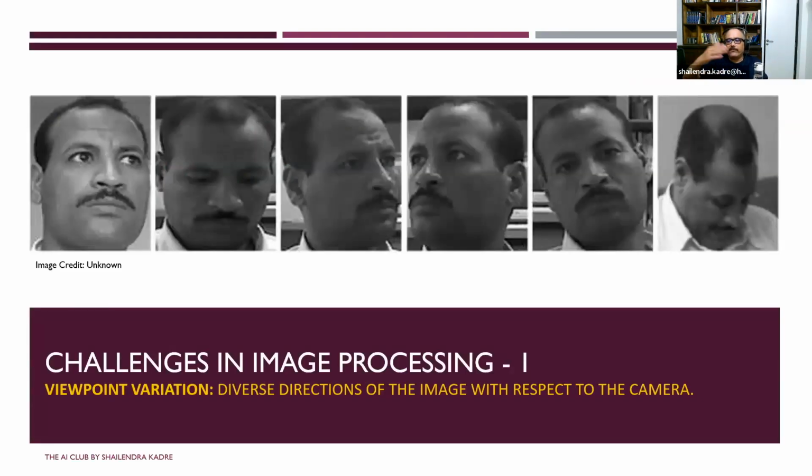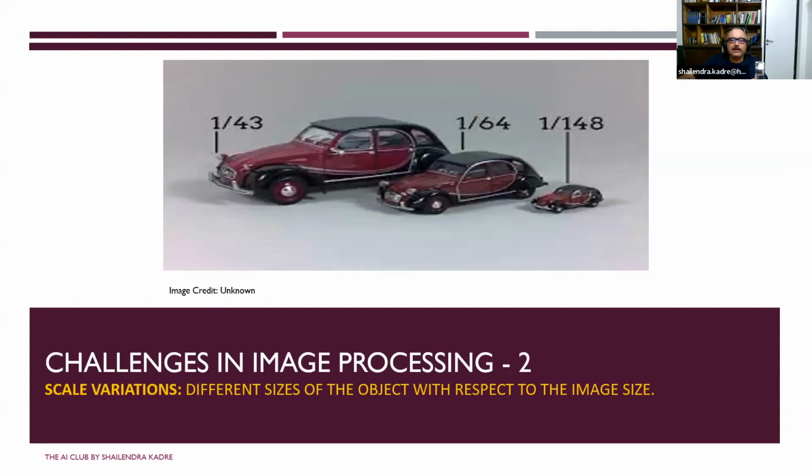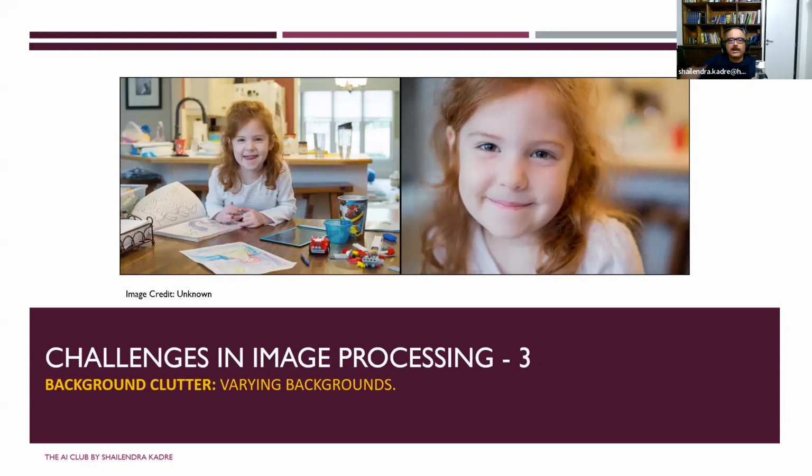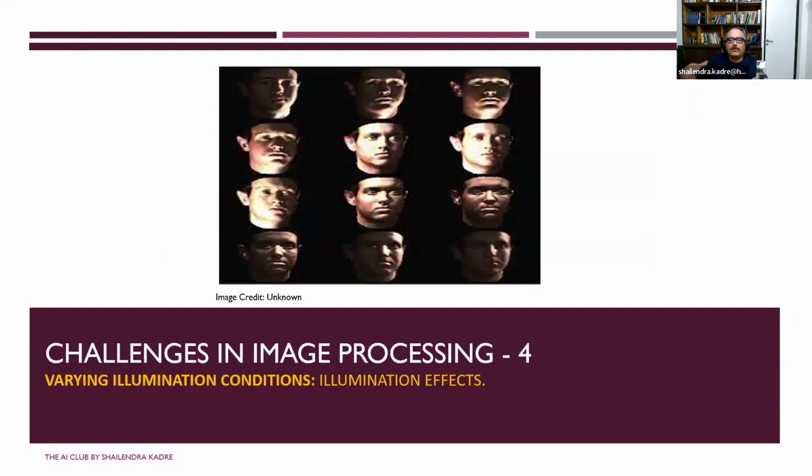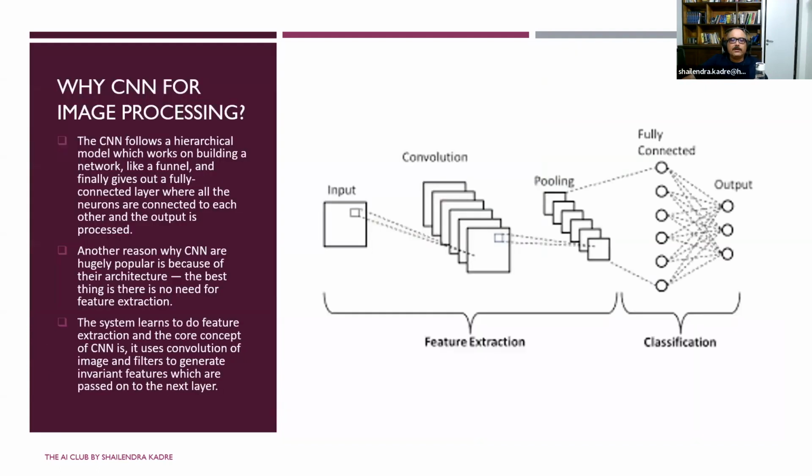Challenges: one is the viewing angle, which is one challenge in dealing with images. Then you have scale. Then you have background or clutter, whatever is there. Then you have illumination. Then this is the general architecture of a CNN model. First you have feature extraction layers.